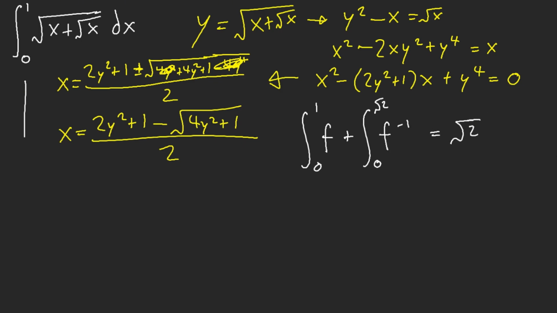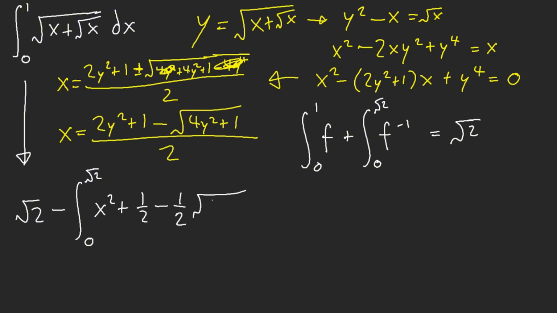So our integral for this is square root of 2 minus, from 0 to root 2, x squared plus 1/2 minus 1/2 of 4x squared plus 1. But what you can also do is take that half out by factoring the 4 out, and so you'll technically just have this.